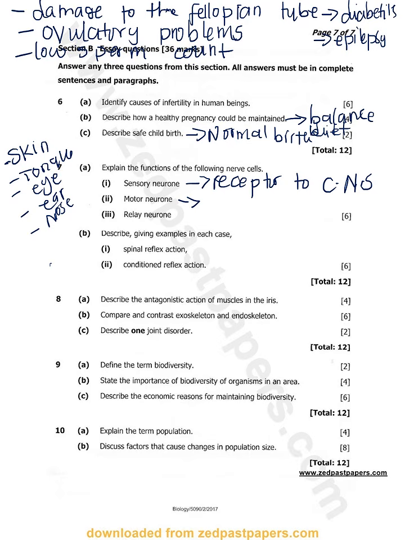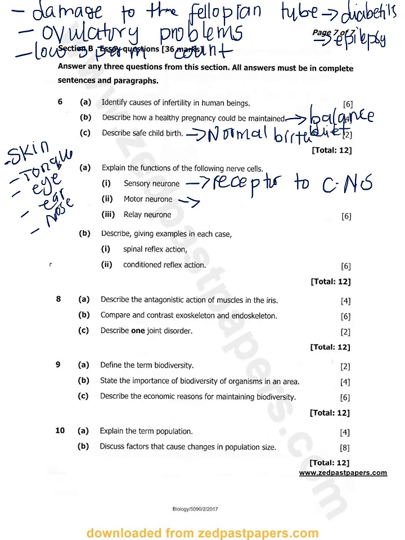So all these are receptors. These organs have the function of detecting information from the stimulus, and then they pass that information to the sensory neuron. The sensory neuron transmits it to the central nervous system, which includes the spinal cord and the brain.